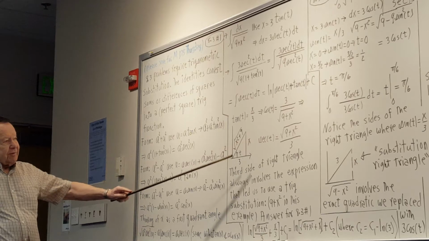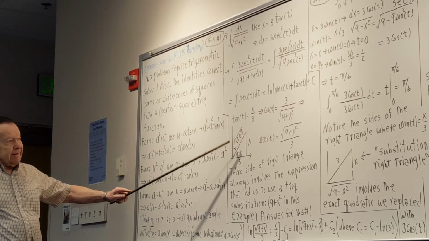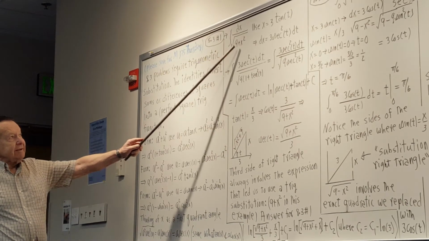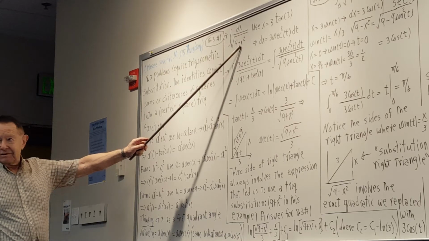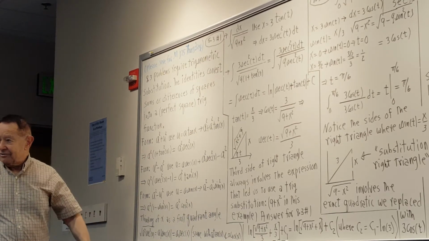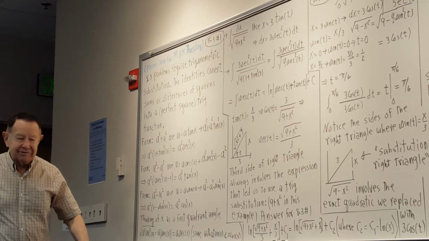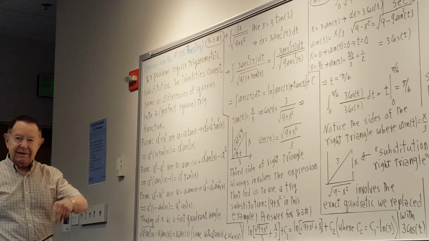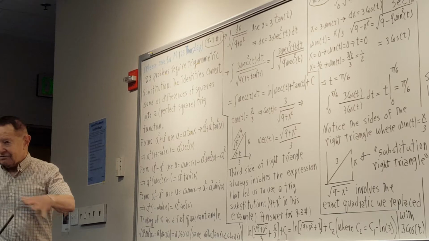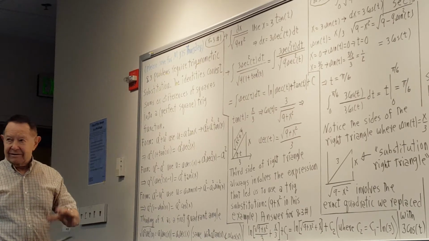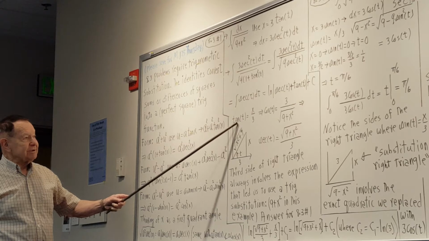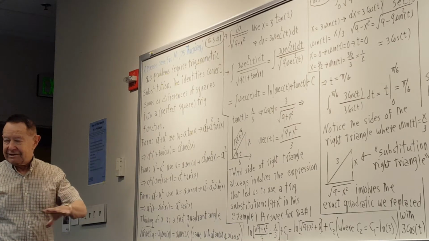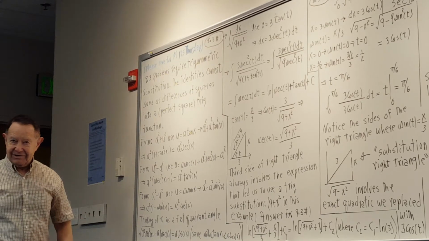Then you use the law of Pythagoras to get the third side, and you notice that the third side of your triangle is exactly the two-term expression that you did all this trickery to deal with. That's always the case in these problems. When you're going back to the original variable, you use a right triangle drawing, and what comes from your substitution is a trig function equal to a quotient, because they are ratios of two sides of a right triangle.